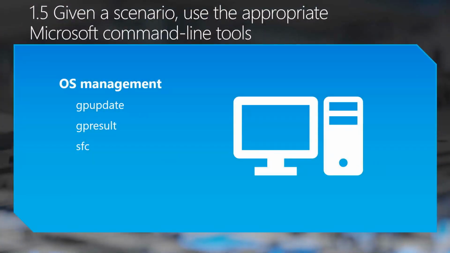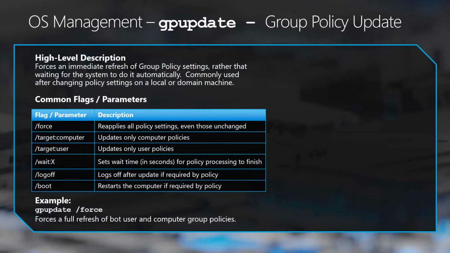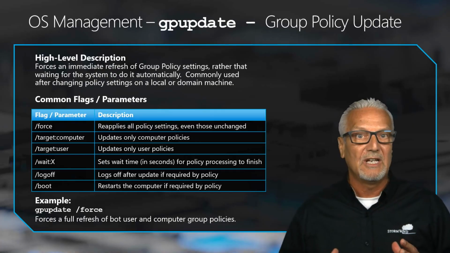For operating systems management commands: GPUpdate, GPResult, SFC. GPUpdate is typically run in order to enforce or immediately activate group policy updates at the domain level. It's very common for sysadmins, for domain admins, to make a big group policy update.